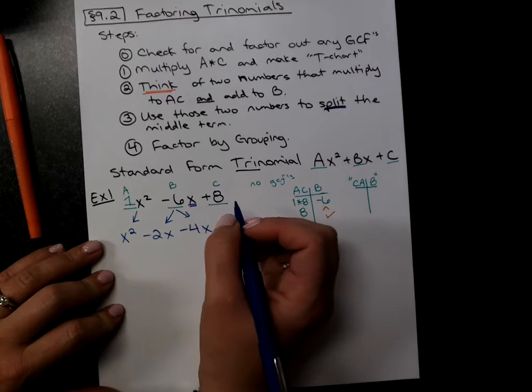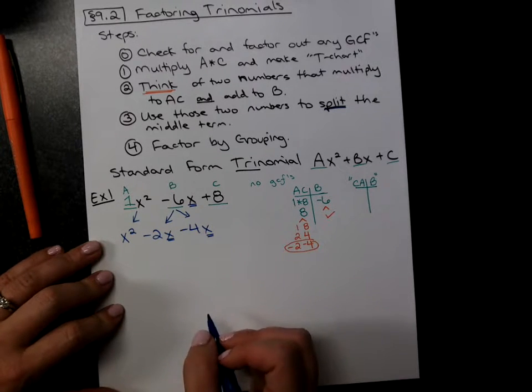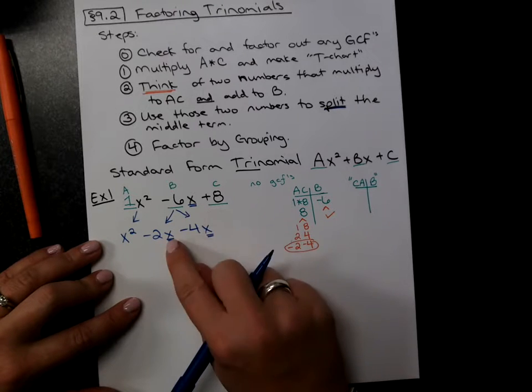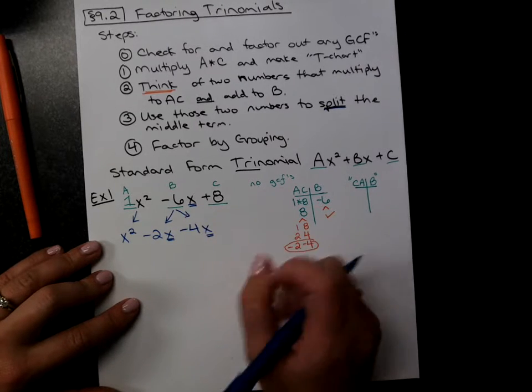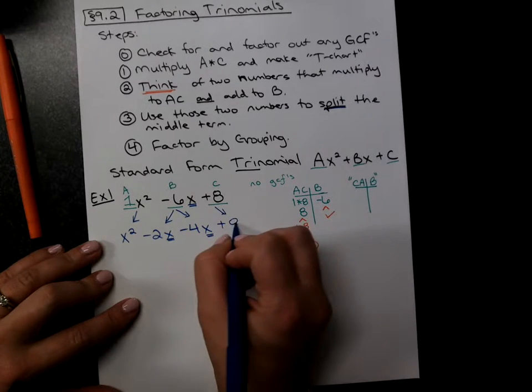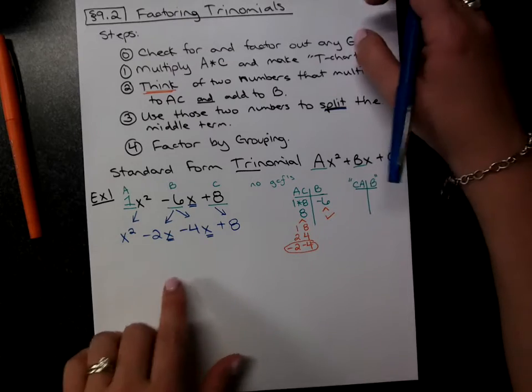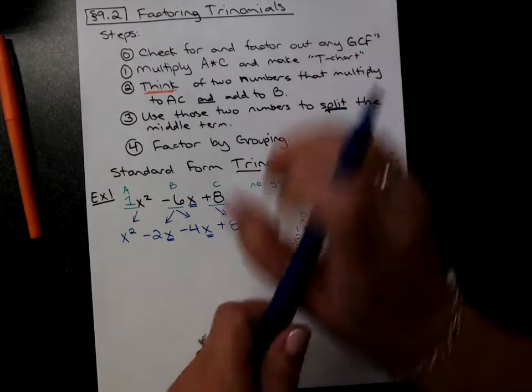Whatever variable is attached to the middle term is the variable you put on your split. That doesn't change. If that's a y, we put a y. If it's an xy, we put an xy. If it's a q, we put a q. And then we leave the last term alone. So we make our chart off to the side so that we have room to split our middle.